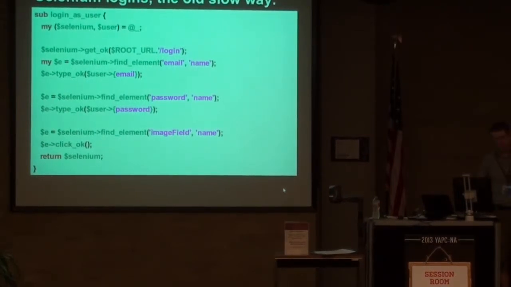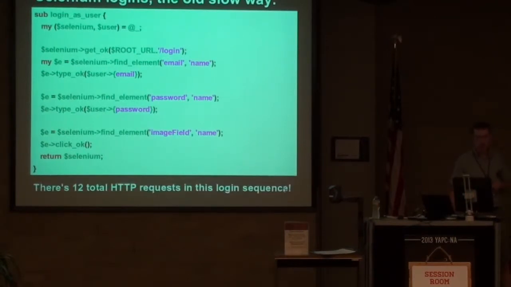And so this same flow in Selenium actually takes 12 HTTP requests between the one that you send to the browser and the ones it's making off to the internet. And then we're doing that again all the time. You log someone in.